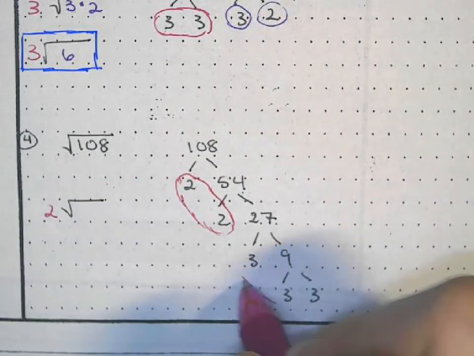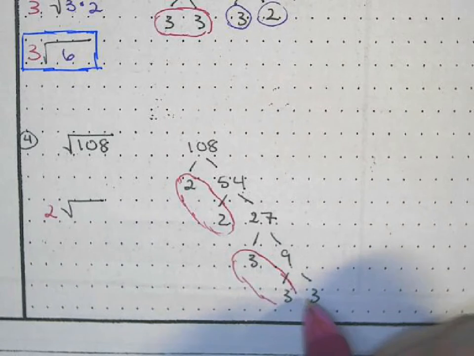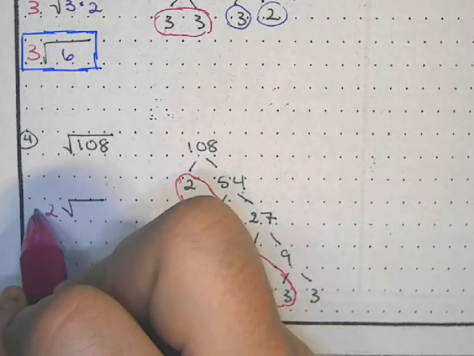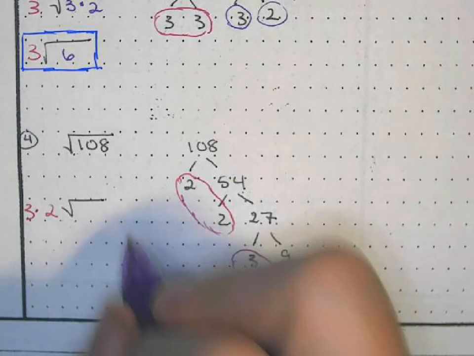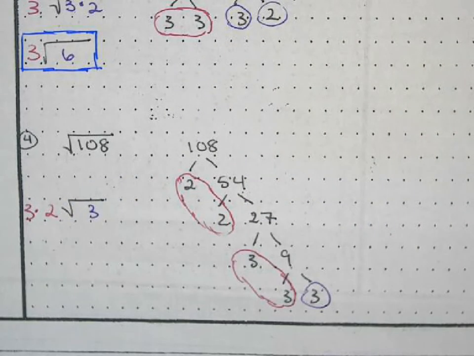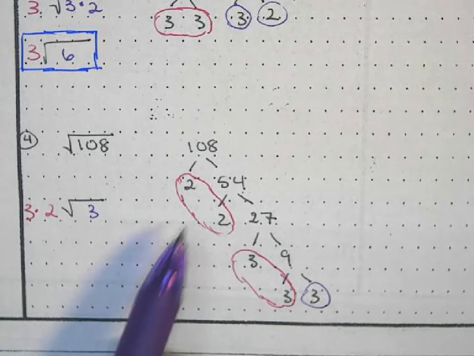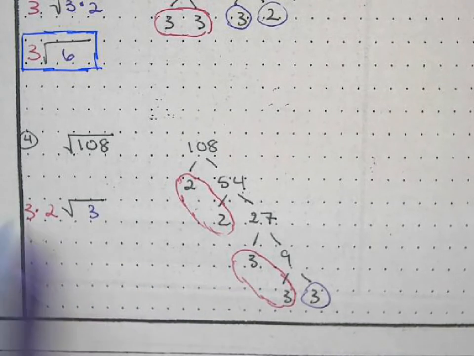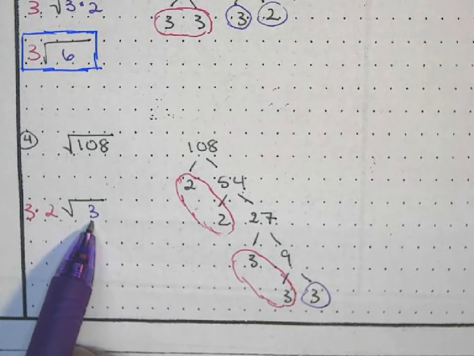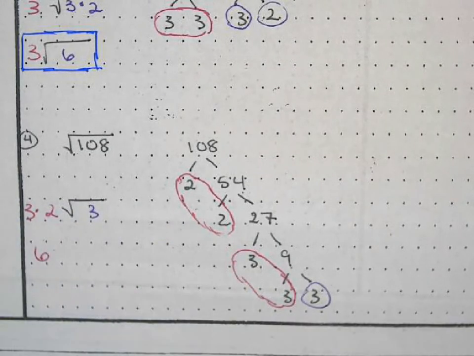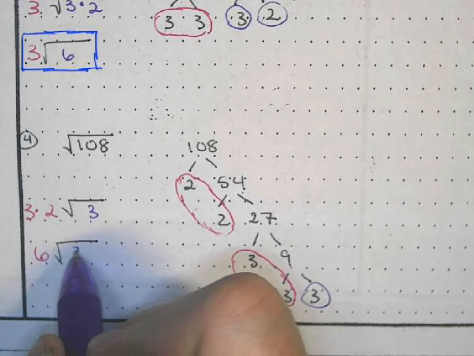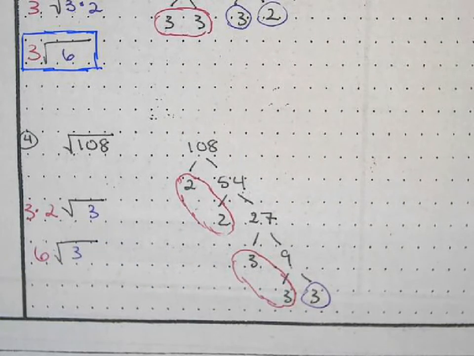There's a pair of 3s, so I got another 3 outside. And then I have a singular 3 by itself, so that one goes inside. Pairs pop out. Singles go in. Now we clean it up by multiplying numbers on the outside together and multiplying numbers on the inside together. And we're done.